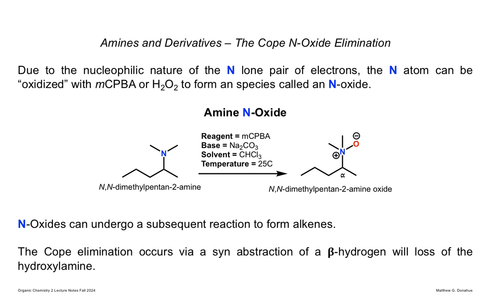Another reaction of amines is called the Cope N-oxide elimination. N means nitrogen. Oxide means we're putting a sigma bond from that nitrogen to oxygen. Because the nitrogen lone pair is nucleophilic, it can be oxidized with a reagent we've seen called MCPBA, which is a peroxide, or we can use hydrogen peroxide.